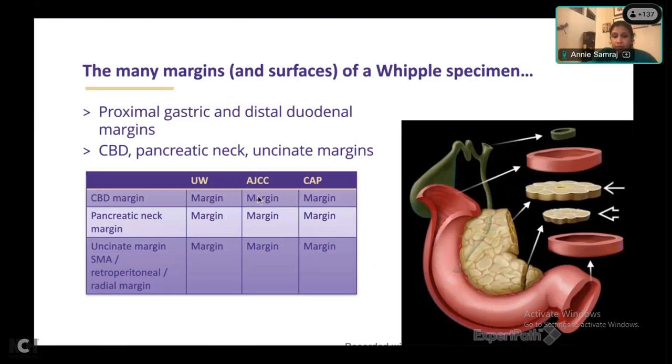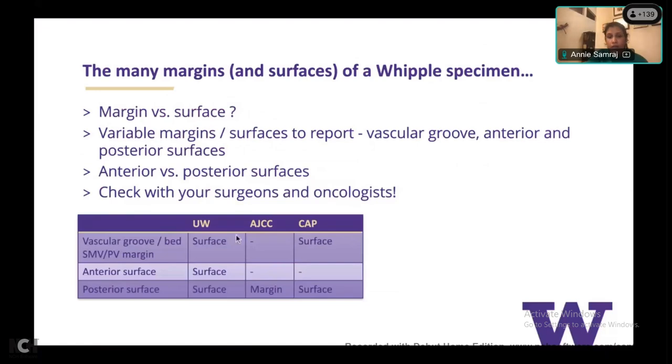The American Joint Cancer Society considers all of these as margins. The College of American Pathologists also considers these as margins, and that's what we practice in our institutions as well. And this is pretty much common in most places. Now, the trouble comes with the other margins, or surfaces, which are the vascular groove or vascular bed, the anterior surface and posterior surface.